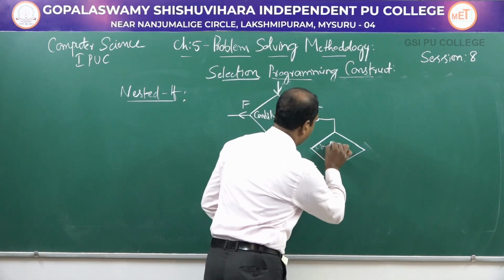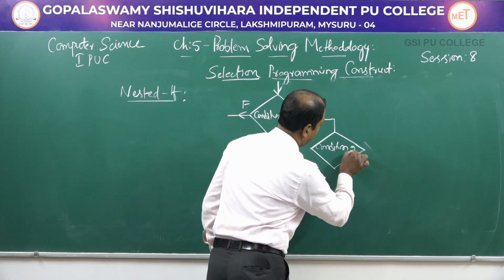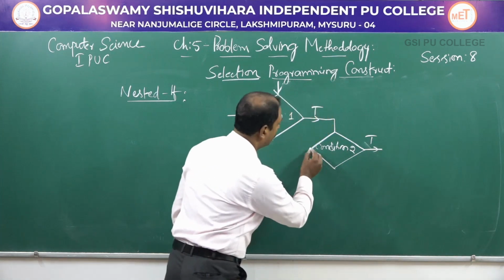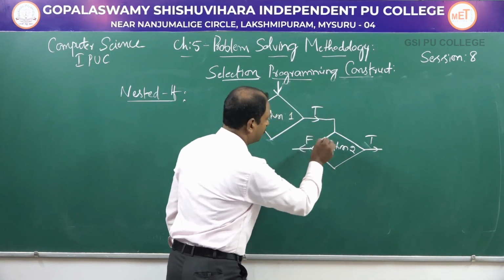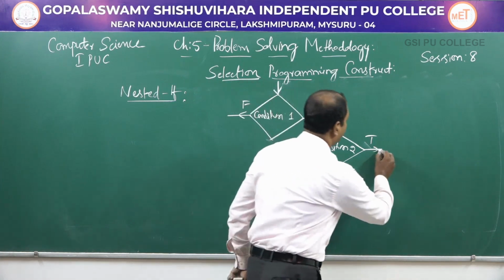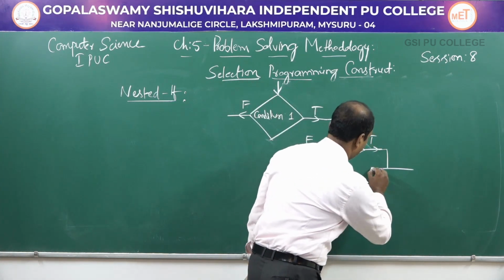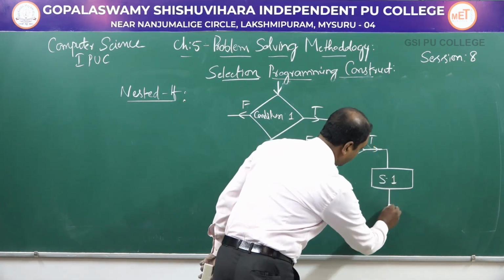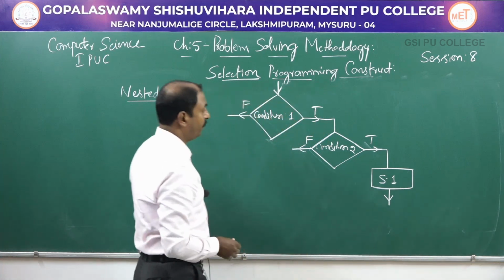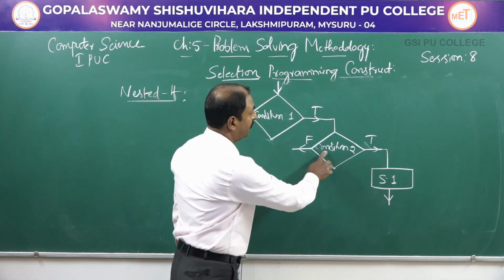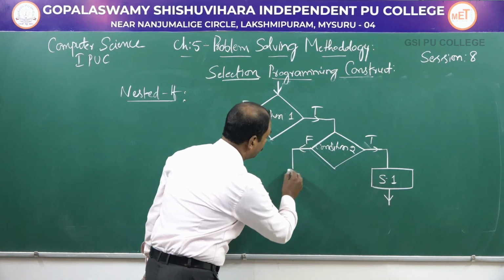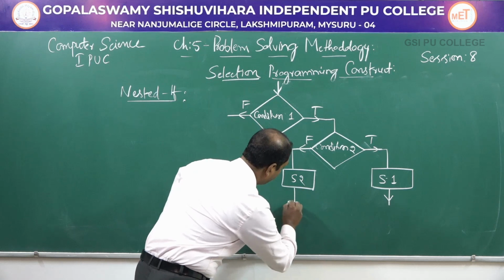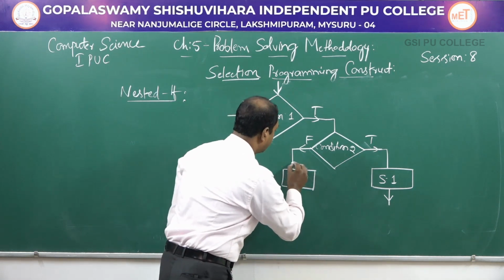This is condition 2, again it is true or false. If condition 2 is true, it executes the statement, then comes out of if. If the test condition fails, it executes statement 2 and comes out of the else part.